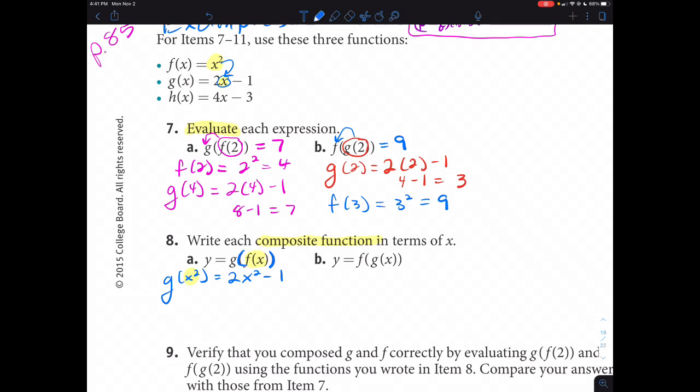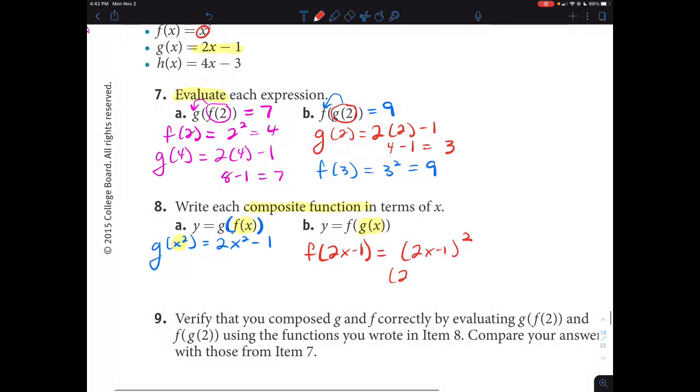Alright, on B, we've got f of g of x. So now I'm taking function g and plugging it into function f. So that means this whole thing, the 2x minus 1, is going to replace the x in function f. So I'm finding f of 2x minus 1 here. So that's going to become 2x minus 1 squared.